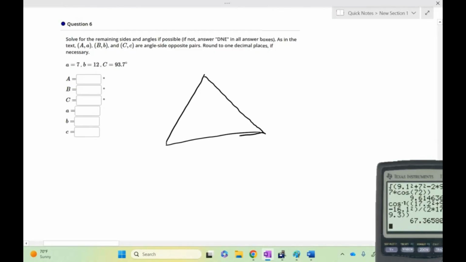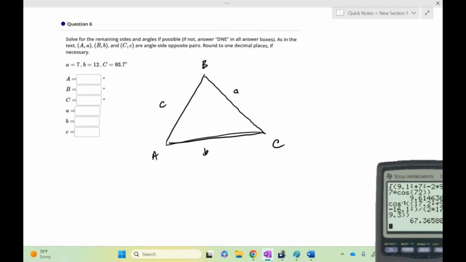So I'm just going to draw triangle ABC. Remember that capital letters are angle measures, lowercase letters are side lengths. So side A is opposite angle A, side B is opposite angle B, and side C is opposite angle C.